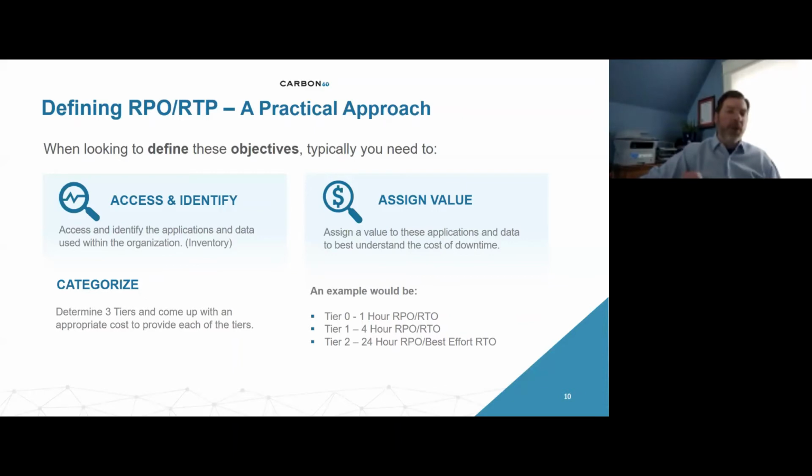With tier 0, there's typically a more expensive cost than delivering a tier 1 or a 24-hour RPO and RTO. So often it level sets the conversation with the customer, because they'll say, well, I need to be tier 0, and then you show them the associated cost, and then they might say, well, maybe I'm tier 1, right? In that sense, yeah, that's basically it.